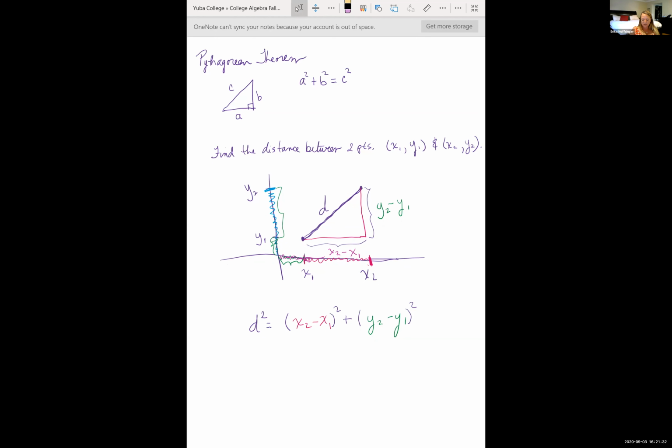Now it wants to know, show that this is a right triangle. The 3 points form a right triangle.